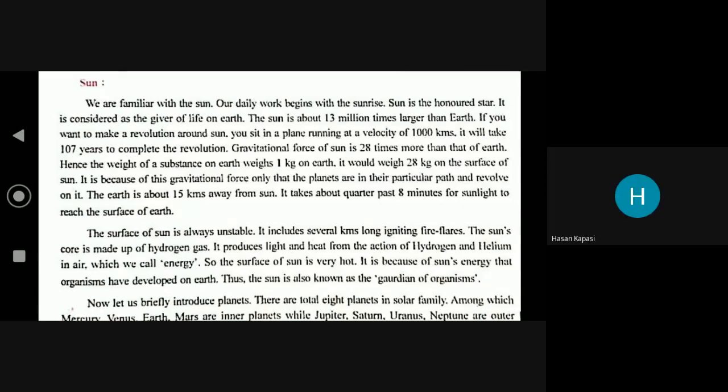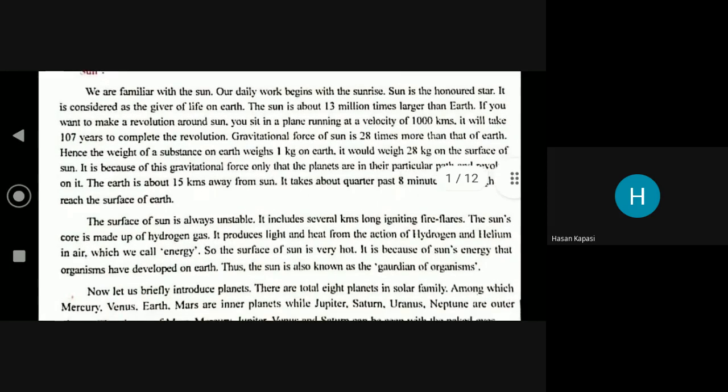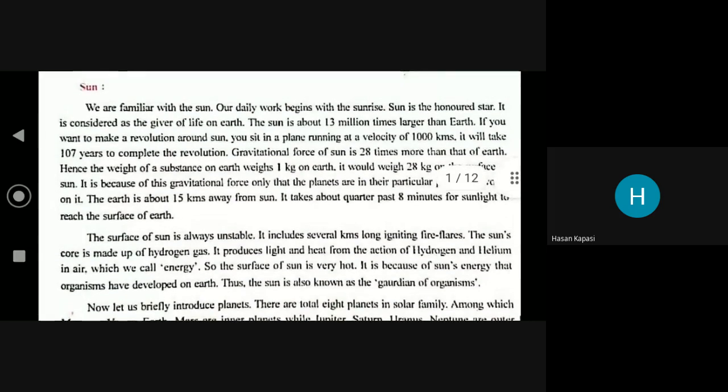107 years. Imagine, we won't even live that long, right? So we won't be able to complete even one revolution. The sun is that big. So the gravitational force of the sun is 28 times more than that of the earth. Hence a substance that weighs 1 kg on the earth will weigh 28 kg on the surface of the sun.